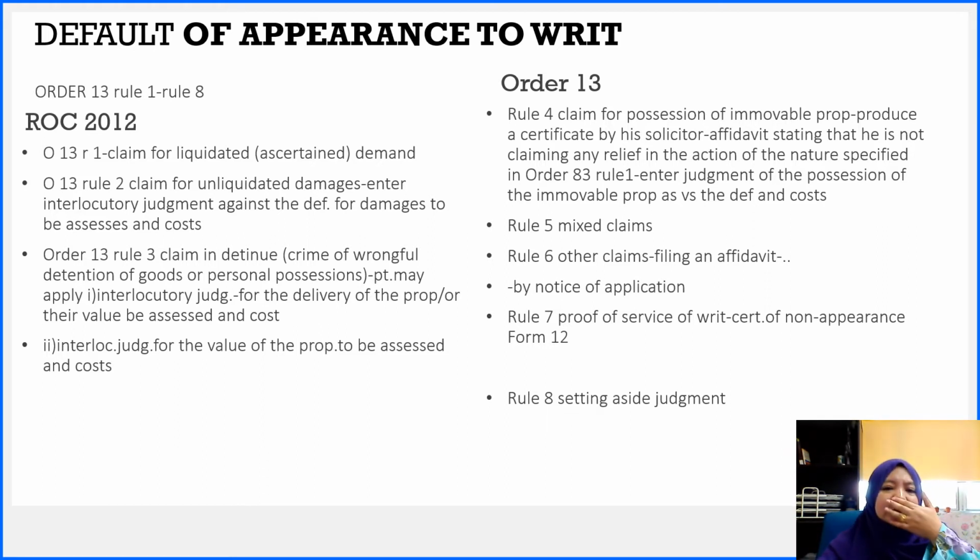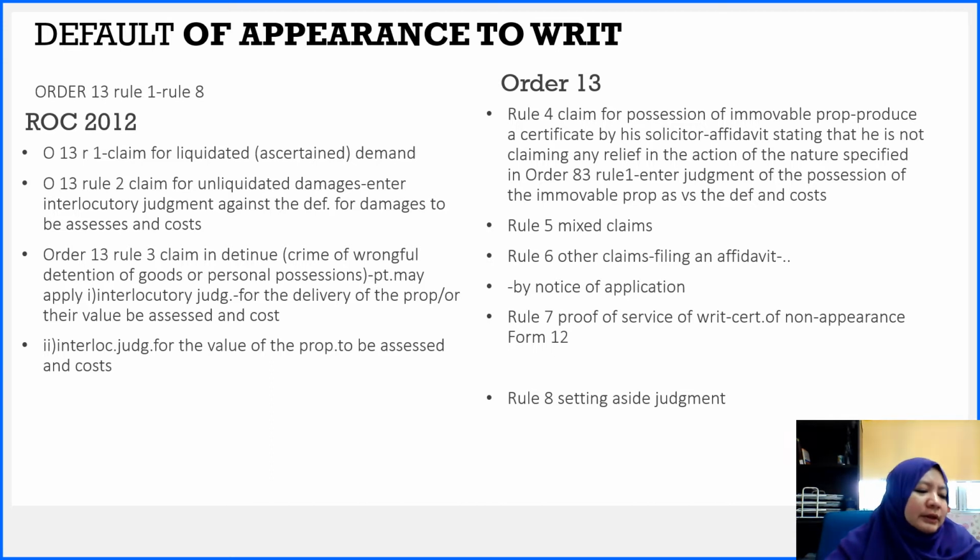And Order 13 Rule 6 is for other claims. When the defendant fails to enter an appearance, the plaintiff, after the time limited for appearing, files an affidavit proving that the writ has been served on the defendant, and the statement of claim was not endorsed and served with the writ.